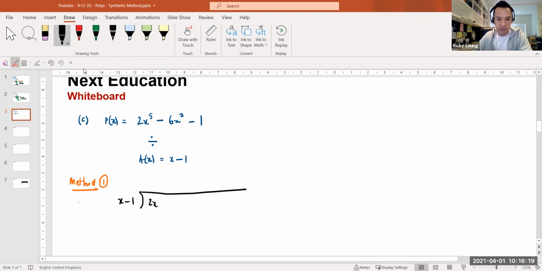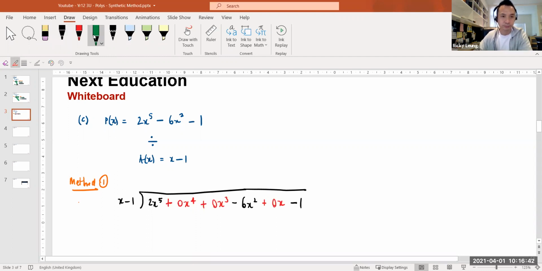So I've got 2x5. I don't have any 4s and 3s, so then I'm going to add 0x4, 0x3, then minus 6x squared. Now there is no x, so plus 0x, and then minus 1.